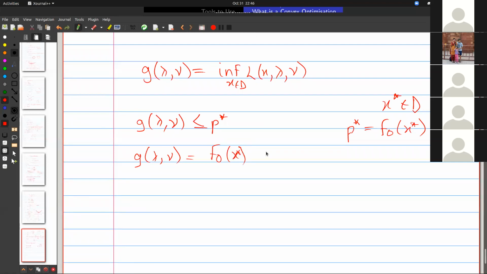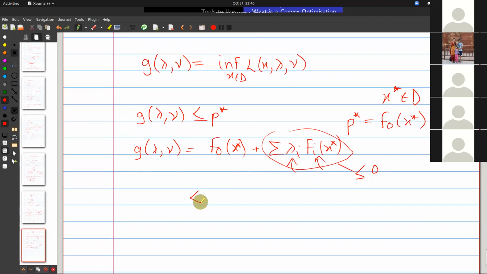Suppose x star is the point for the infimum, then this is written as f naught of x star plus the sum of lambda i fi of x star. Now we know that all these fi's are less than or equal to 0 and the lambda i's are greater than or equal to 0, which means that this term is always less than or equal to 0.